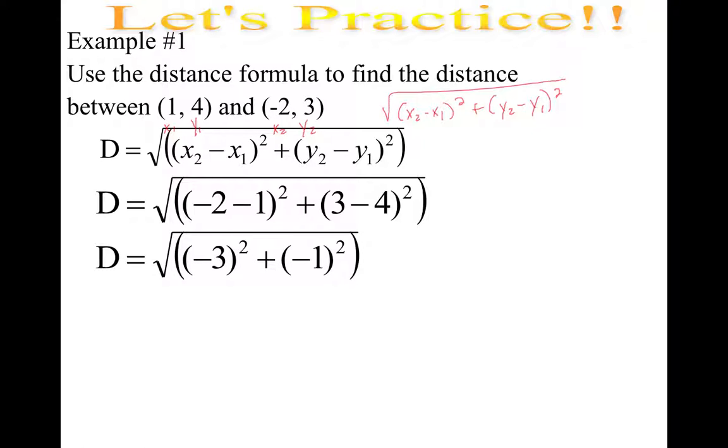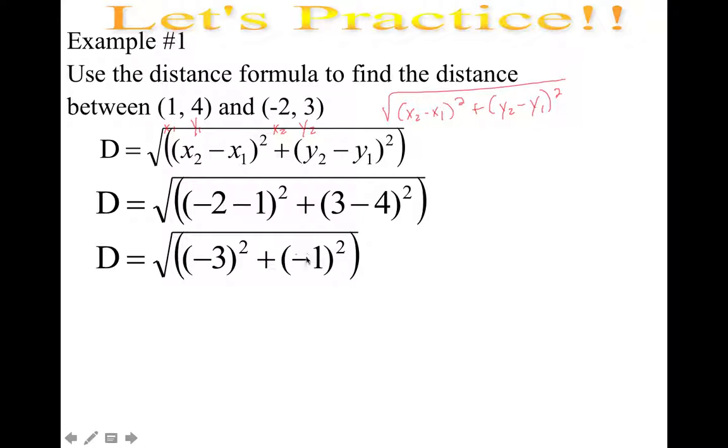We end up getting negative 3 in parentheses squared plus negative 1 in parentheses squared. This is where students tend to make mistakes, because when they use the calculator, if you do not put the negative 3 in parentheses and square it, your answer will come out to be a negative number. So it is important to put the parentheses around your number and then square it. Same thing right here.